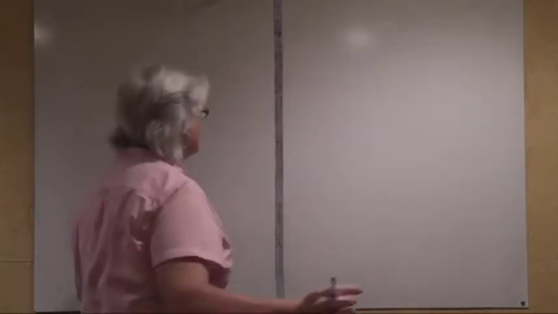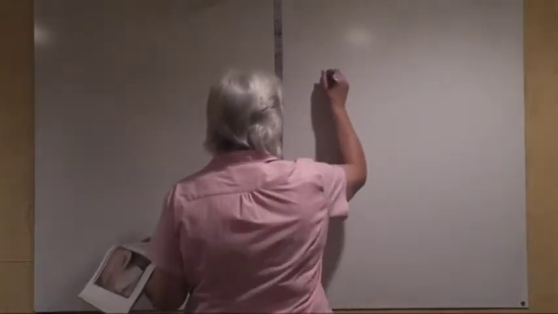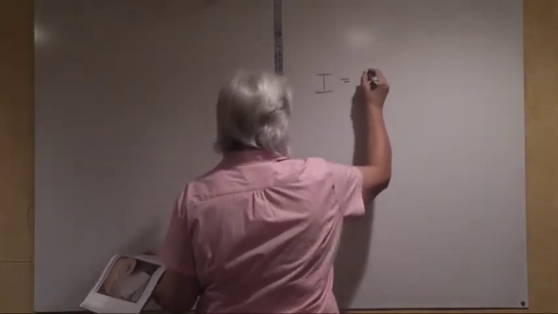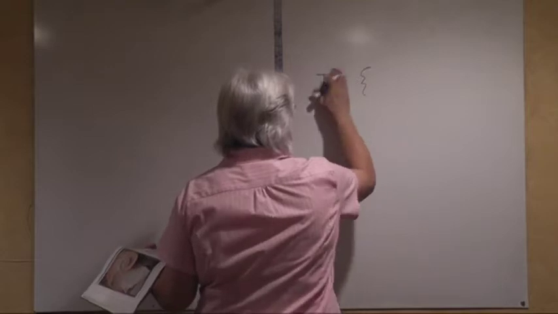Section 4.1 is integers, and just a little bit more definition. We have a set of integers and it's made up of positive integers, negative integers, and 0. And the set of integers is indicated this way.